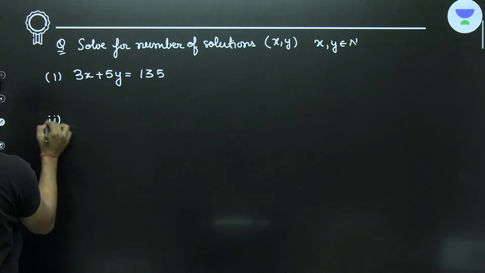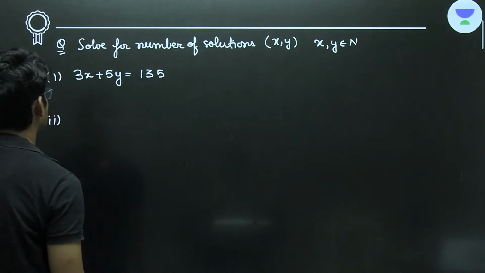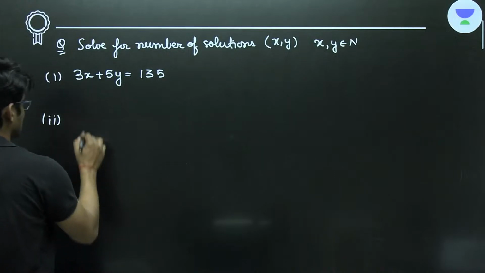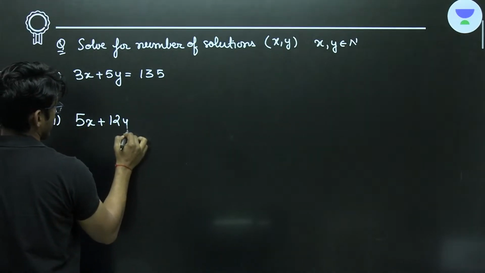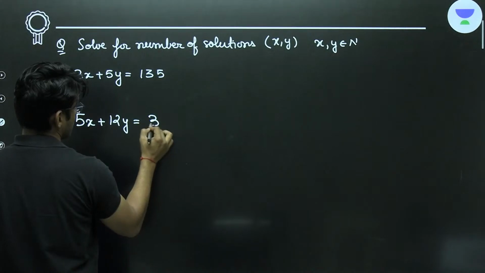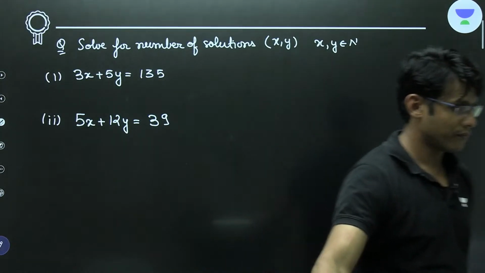Second, 5x plus 12y equals 39. These two problems only. Let's do it.